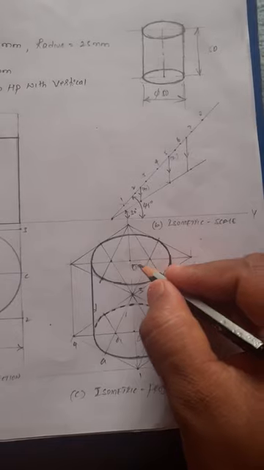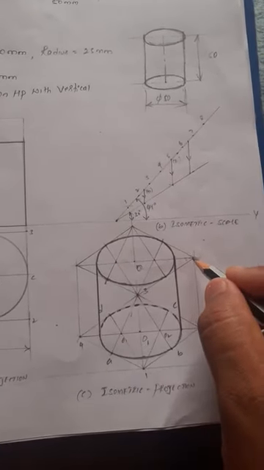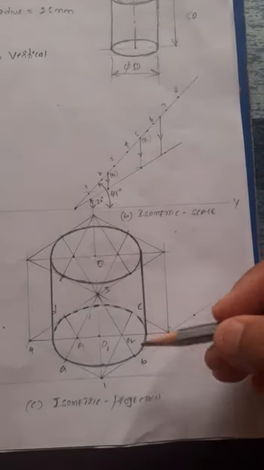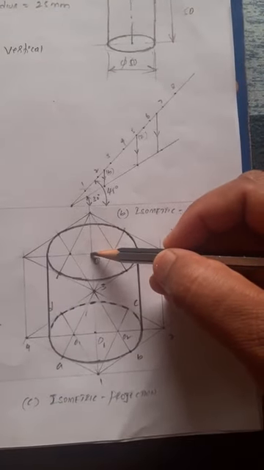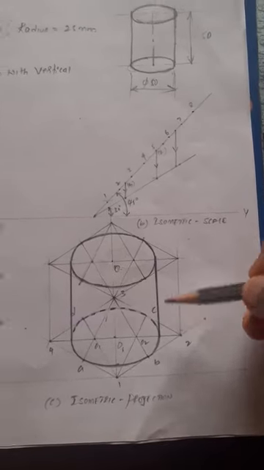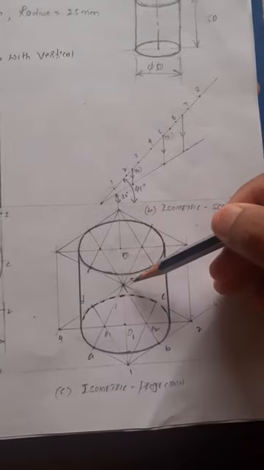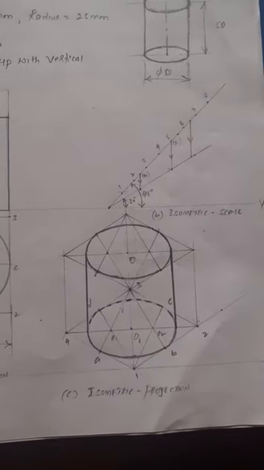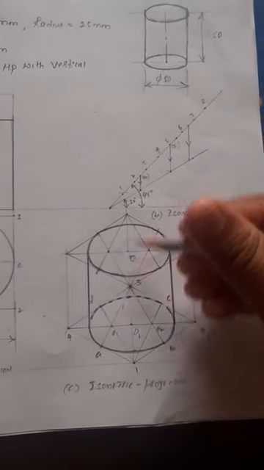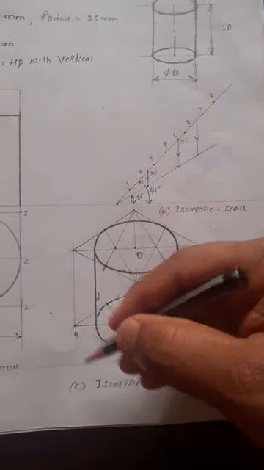From this, once you get this center, then you go and draw a horizontal line. Before that, draw a vertical line from the corner of the square box. Draw a vertical projector from each corner of the square box, at 90 degrees, on each vertical line from the corner of the base.